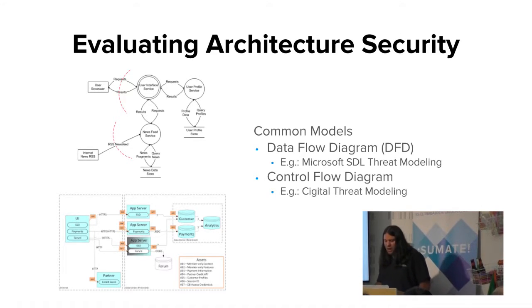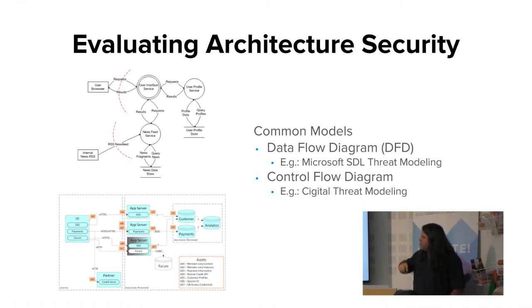Microsoft has put a lot of work into software security, sort of across the board, including doing architecture analysis and threat modeling. They have their own technique that revolves around what is called a data flow diagram. If you've ever seen a Microsoft threat model, it looks like this one on top. It has circles to represent processes.